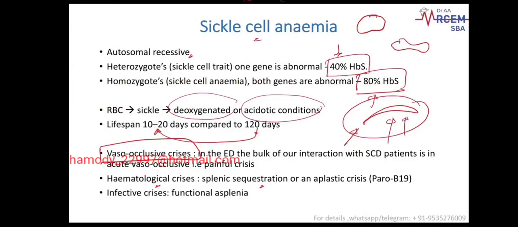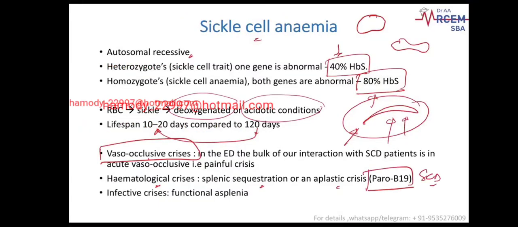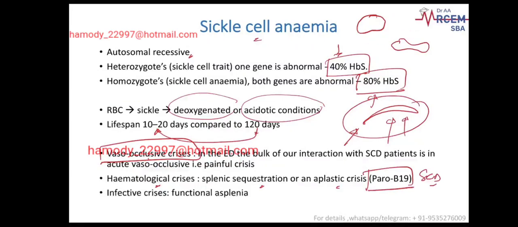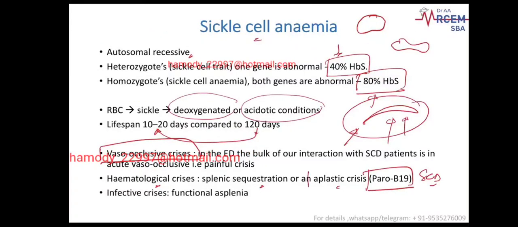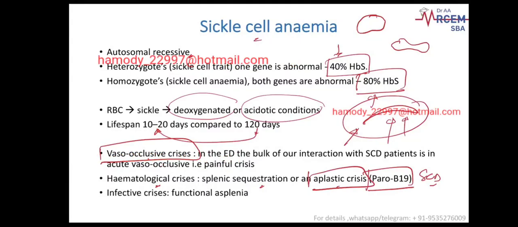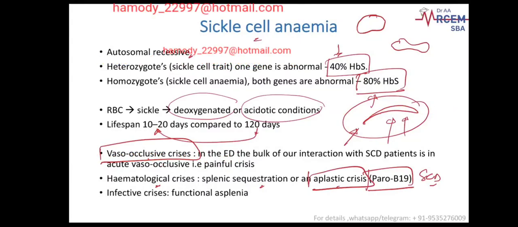This is known as splenic sequestration. Or they can present with an aplastic crisis, which you learned in the dermatology chapter. Whenever a sickle cell disease person gets infected with parvovirus B19, they can have bone marrow suppression resulting in aplastic crisis. Pancytopenia is seen in these individuals.